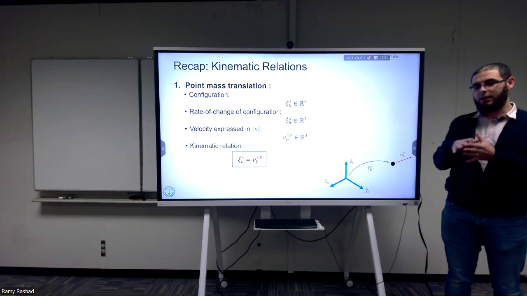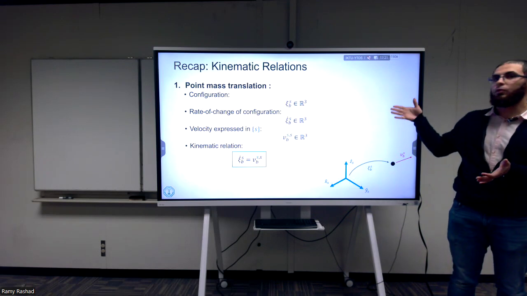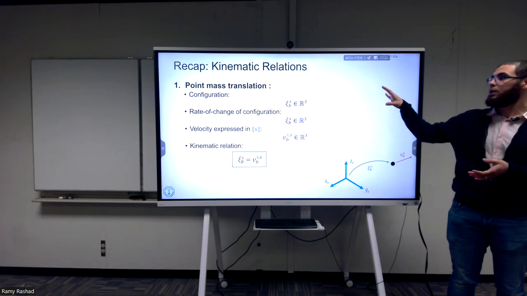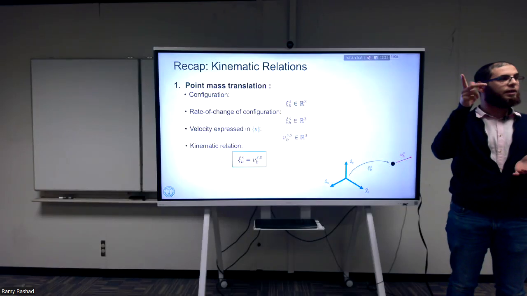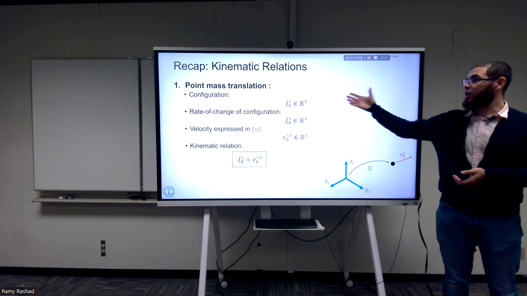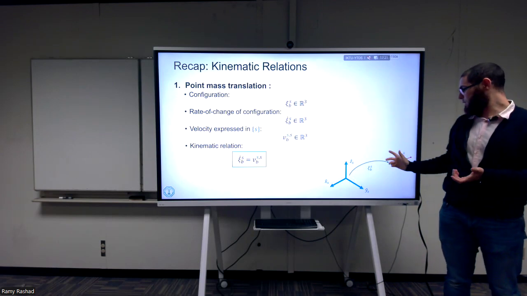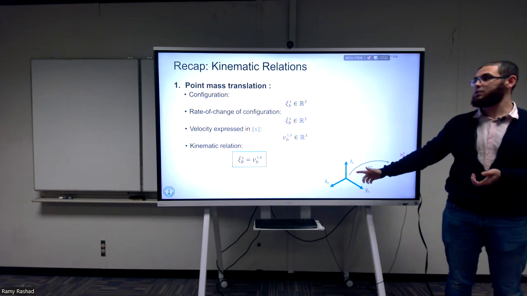Then let's look at three scenarios so that we see the analogy between what we're doing. What you're all familiar with is point mass translation. If we have a point mass, which is a point in space that has no orientation, we cannot talk about orientation. We describe it by three numbers, which are the coordinates of this point in the reference frame S that we chose.